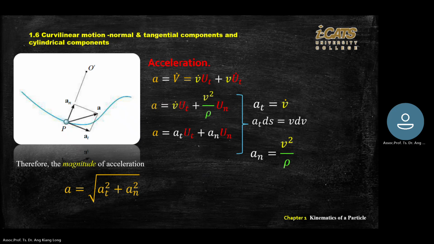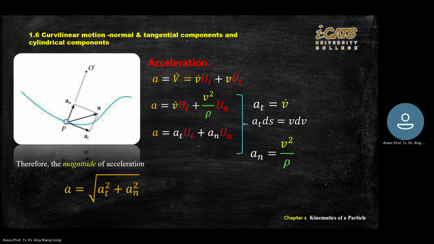What direction do you solve for? You solve for tangent, right? When you draw a curve motion, where is the V direction? Always tangent to the curve, right? That's why here you can straight away take the V and differentiate with time for the AT.